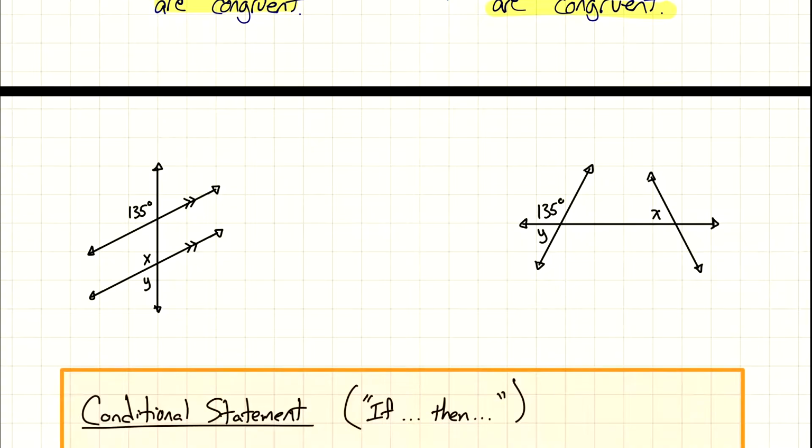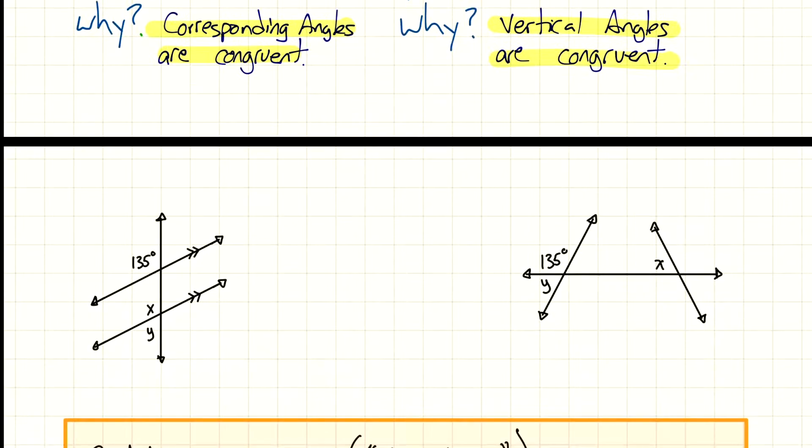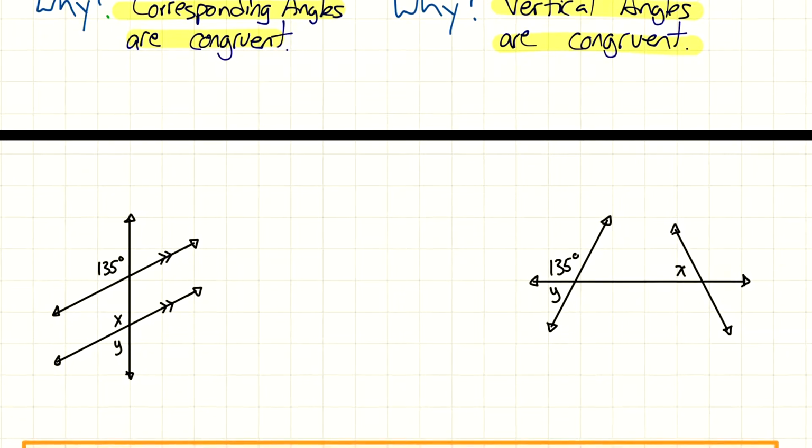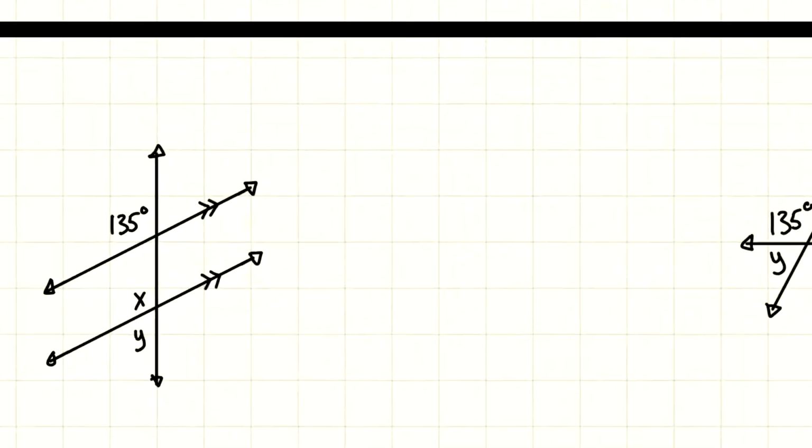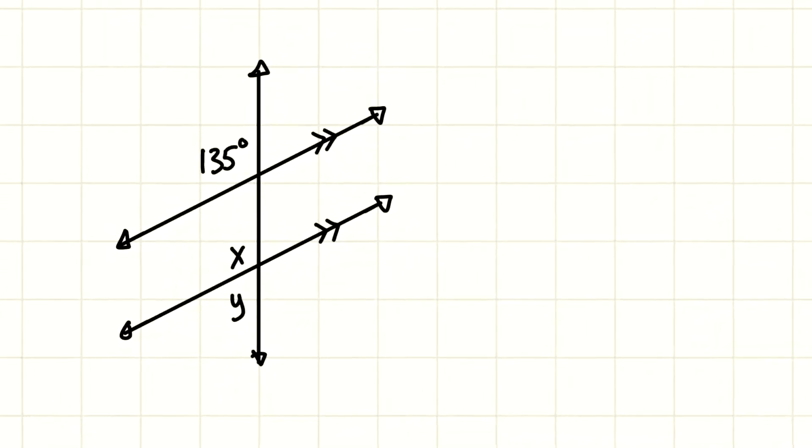All right, so here's a couple more for us to try. I'm going to work these out with you. You'll notice they're actually the same numbers, measurements, except just different situations. I'll zoom into this. And so, same situation, parallel lines, transversal. So I have again 135 degrees.